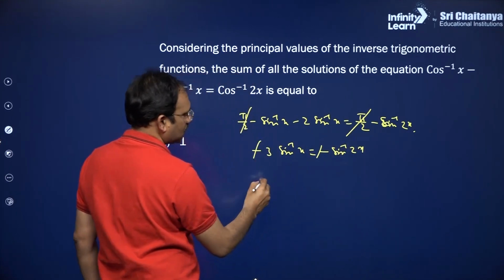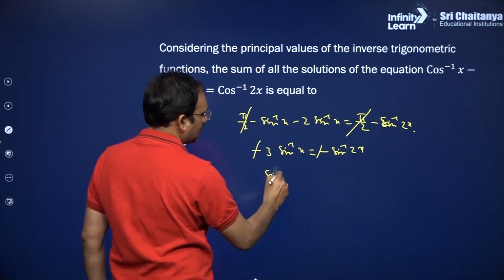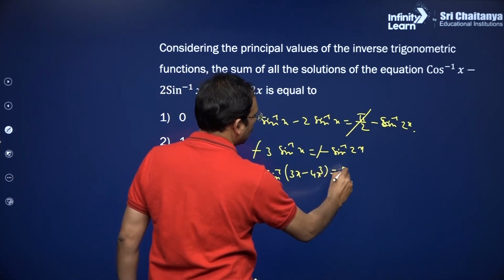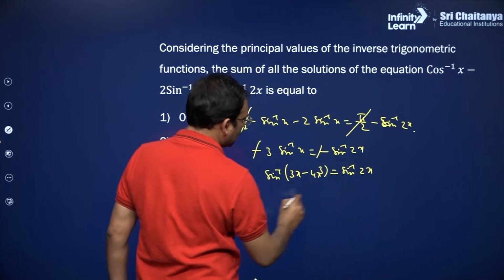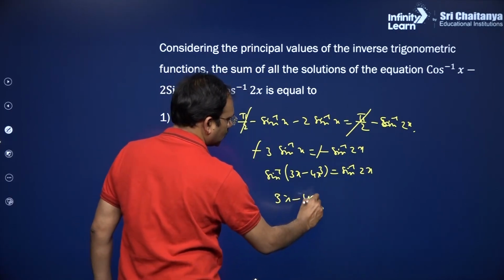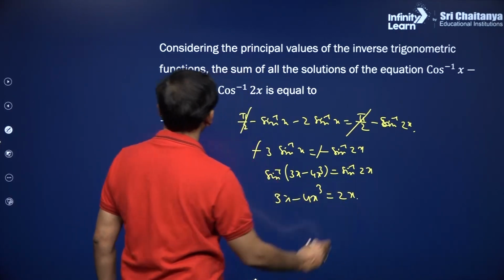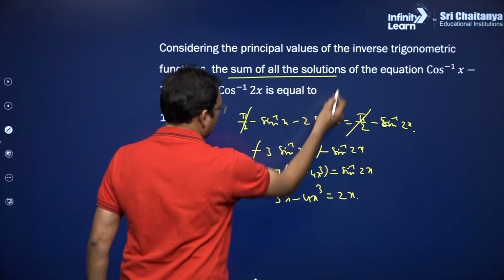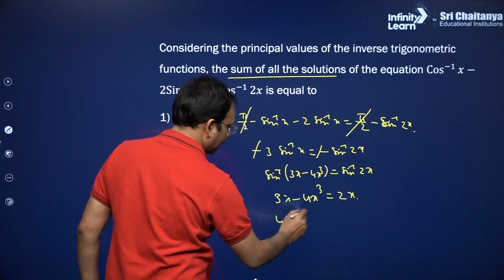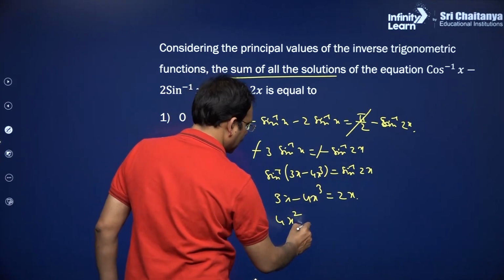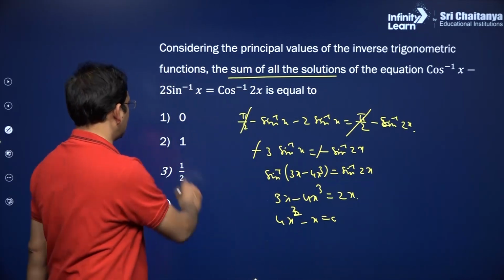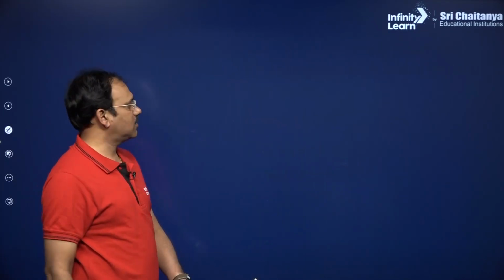So 3 sin inverse x, you can write sin inverse of 3x minus 4x cube, is equal to sin inverse 2x. Now you just equate 3x minus 4x cube is equal to 2x. x equal to 0 is one solution, he is asking the sum of the solutions. 4x cube, you can write minus x equal to 0, 4x cube. The sum of the solutions is 0, my dear friends, because the x square term is absent.